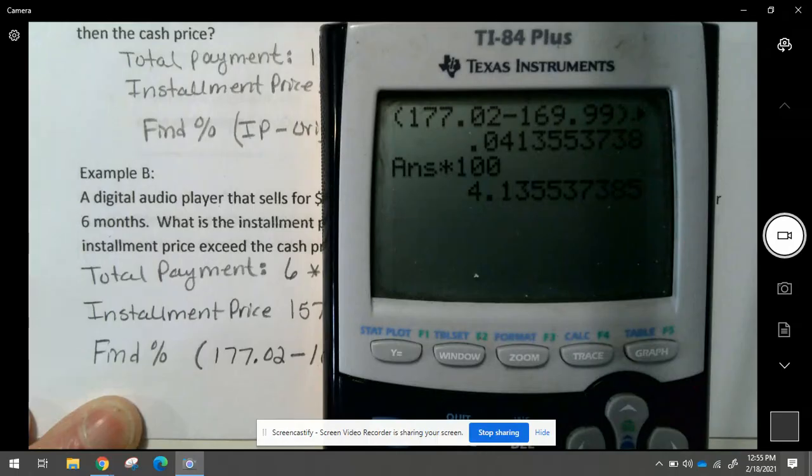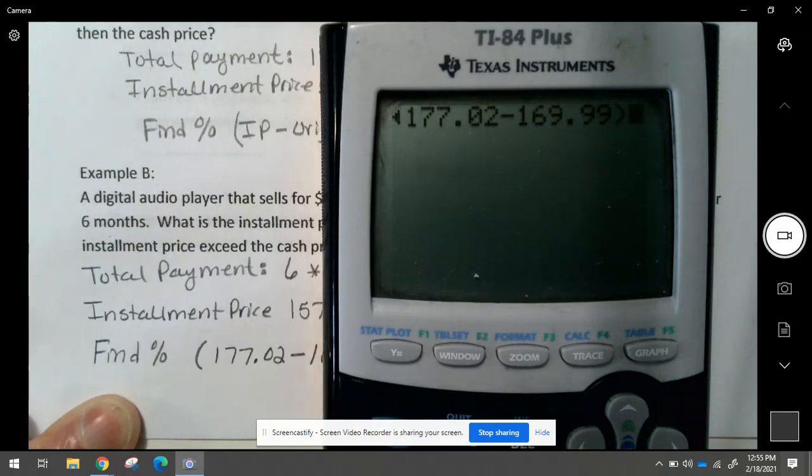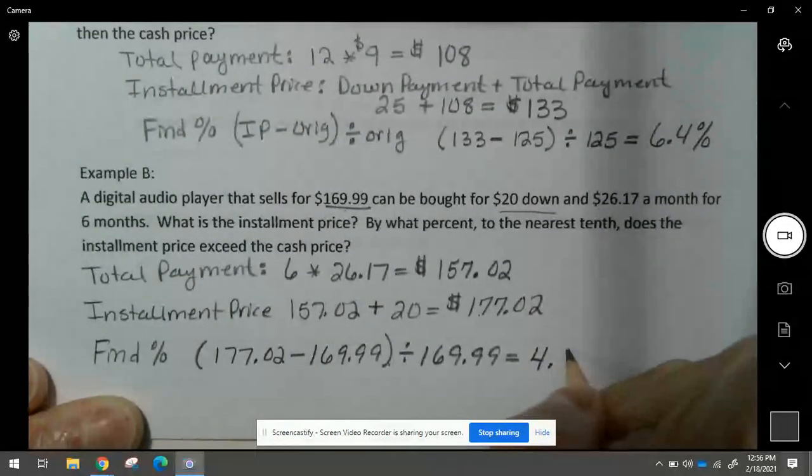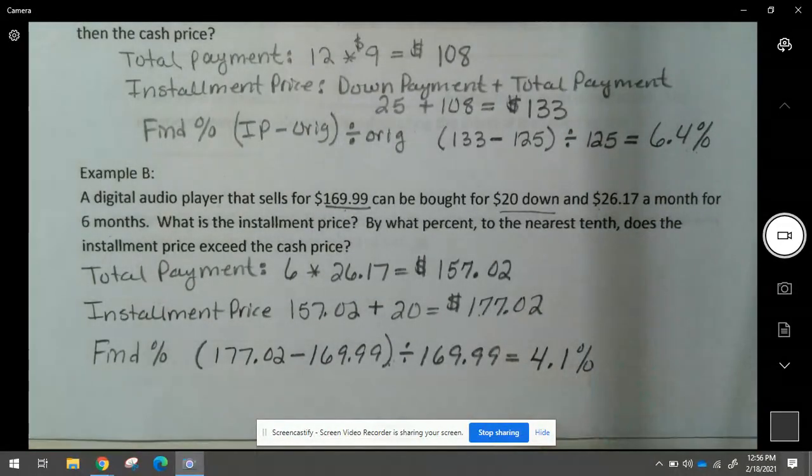Let me try that one more time because I think I made a mistake. 177.02. No, I'm right. So 4.1%.